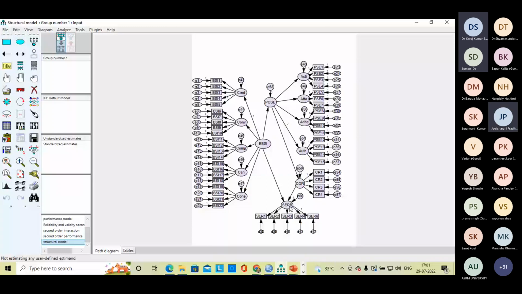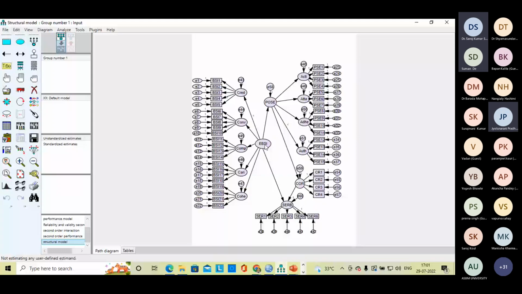We have done the research only for sales employees in the banking industry. If buyer-seller interaction is effective, it has a direct impact on sales employee retention with the organization. I repeat, effective buyer-seller interaction leads to the performance of the sales employee.